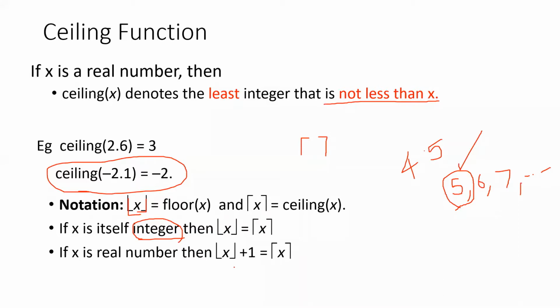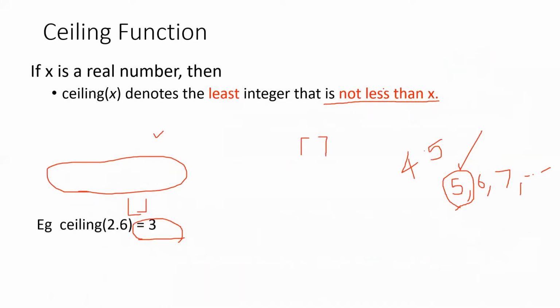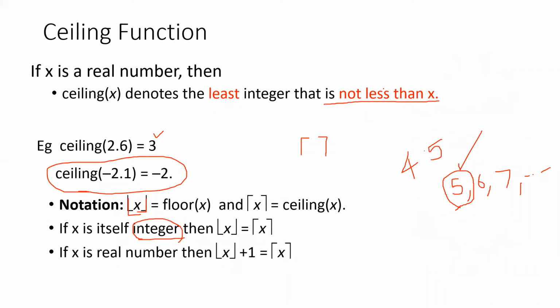If you are finding the ceiling of 2.6, we got it as 3, right? Ceiling of the number minus 1 will be giving you the floor of the number. Suppose we find the floor of 2.6. I have given it in the previous example, I think. The floor of the number is 2, which means the ceiling of the number will be 1 greater than that. So that is what I have given over here.